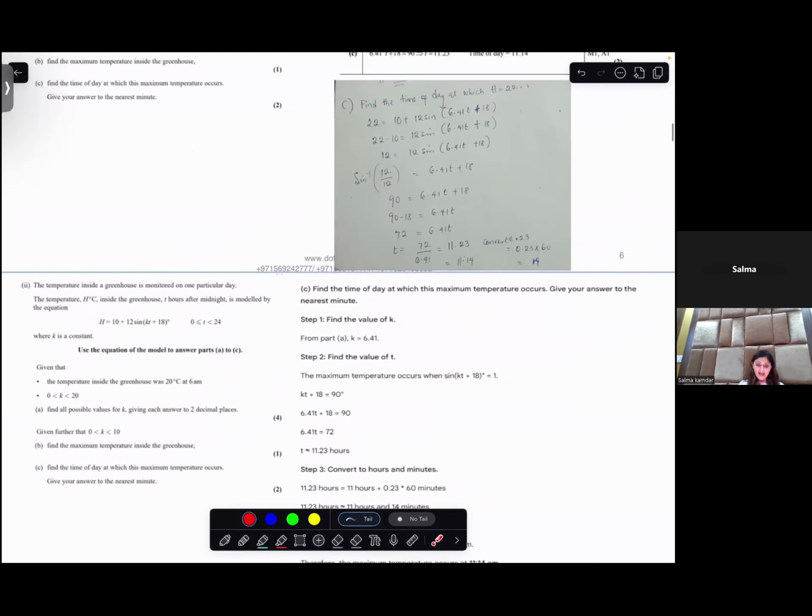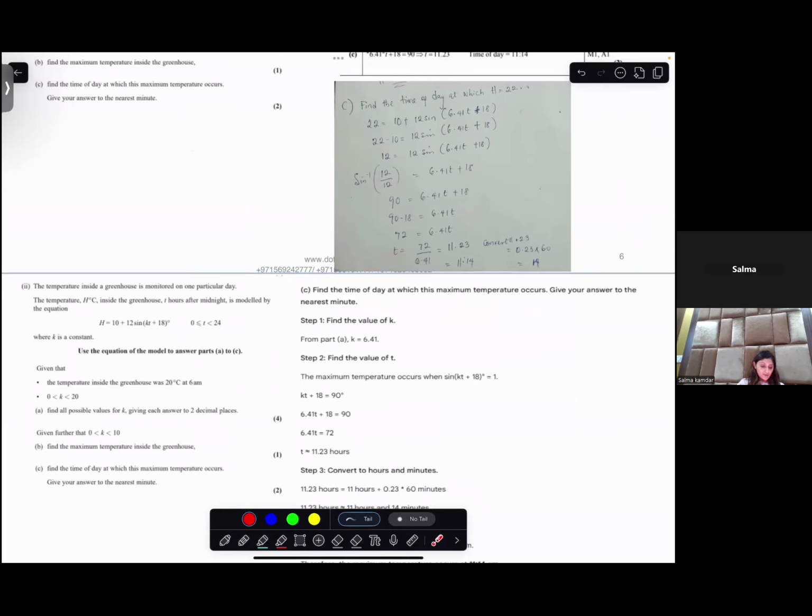And when does this happen? So I have my equation H is equal to 10 plus 12 sine. Instead of k, I will write 6.41 and I will keep my time as it is.